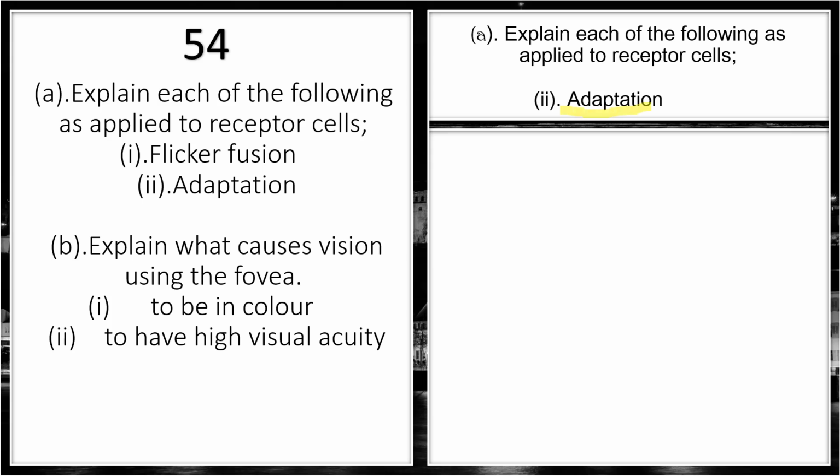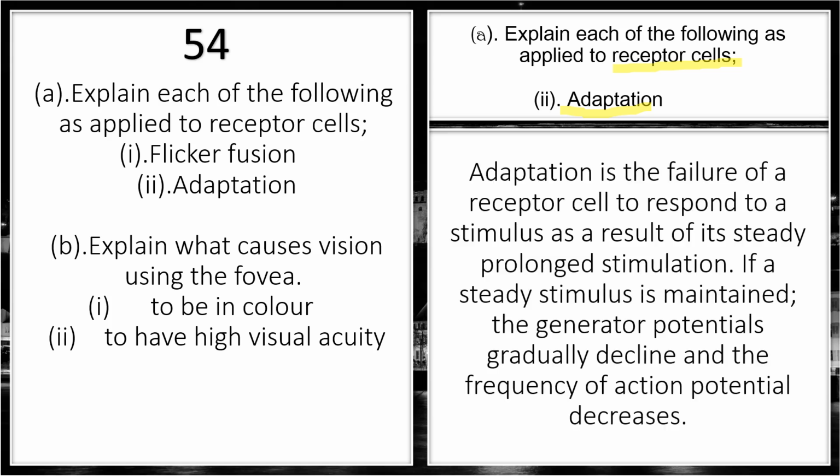Adaptation. Explain how each of the following is applied to receptor cells. Adaptation is the failure of the receptor cell to respond to a stimulus as a result of its steady, prolonged stimulation.